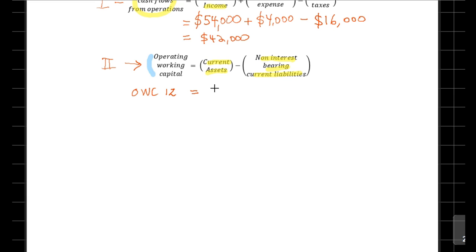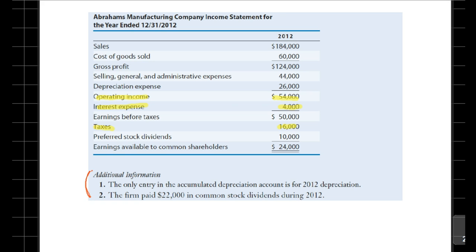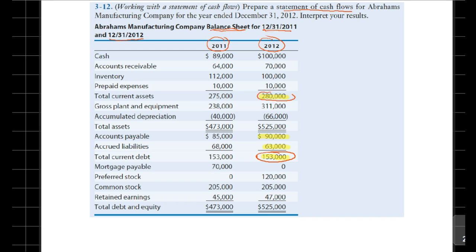So we would have 280,000 minus $153,000. This would come out as $127,000. Okay, now we need to repeat this calculation for the previous year as well. So again, going back to our balance sheet, we need to come up with these figures, and this time it's much simpler.